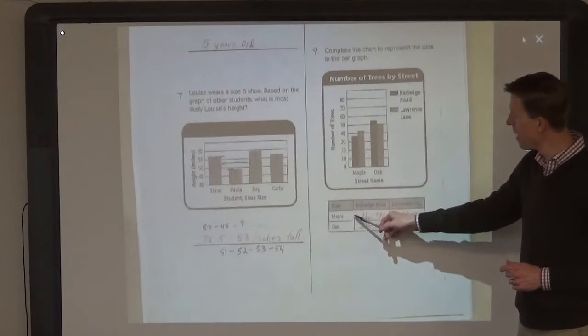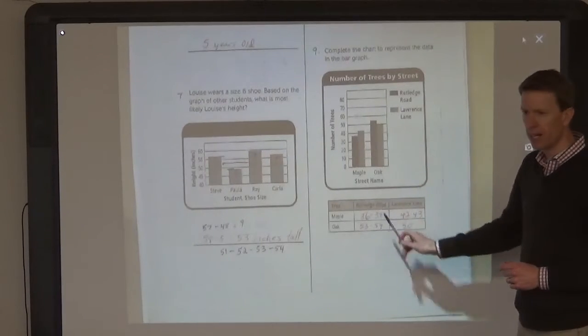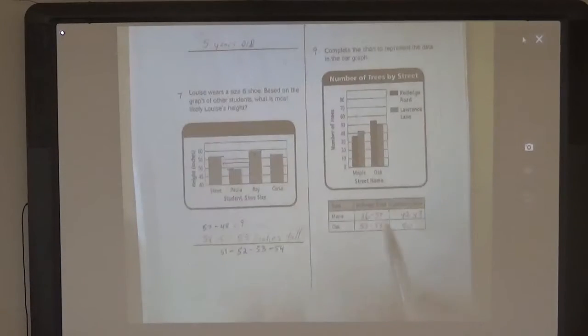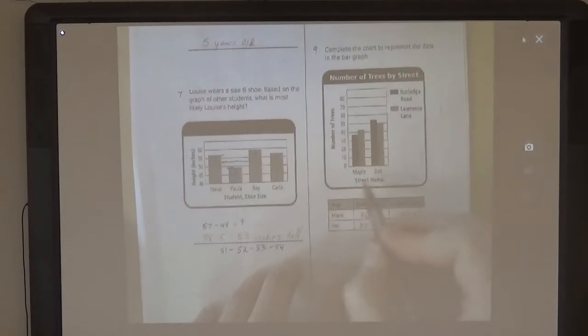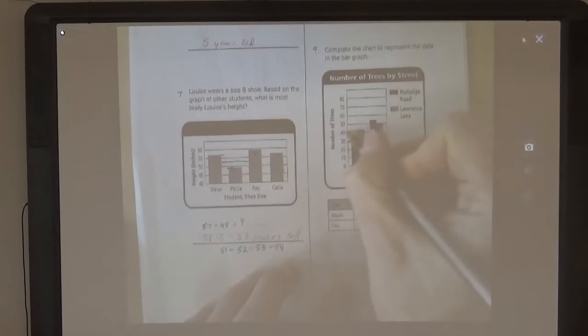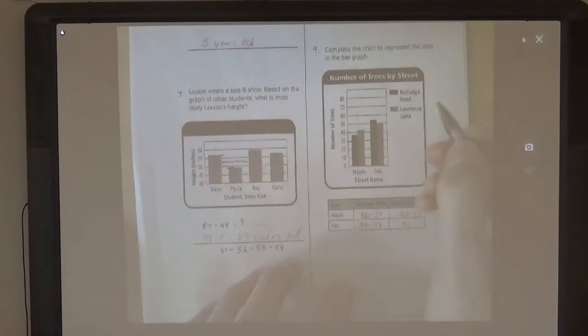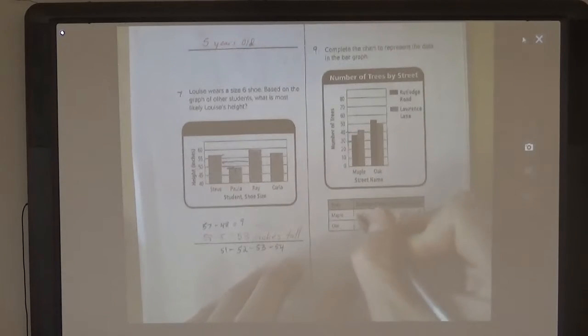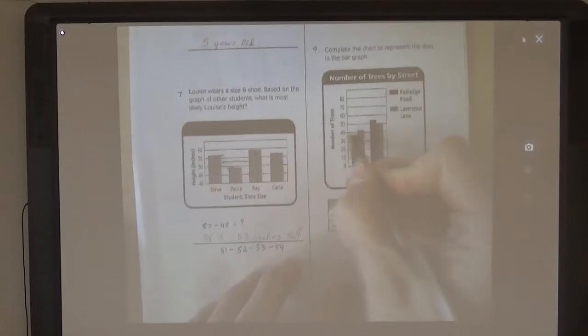Then it says for Maple, we have to fill in a range of numbers that would equal those. So, Rutledge Road ranges between 30 and 40. So maybe 35. It's a little bit past that.